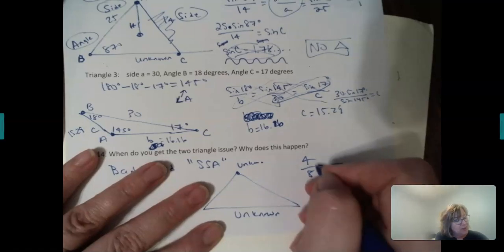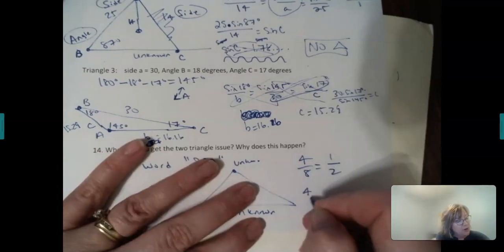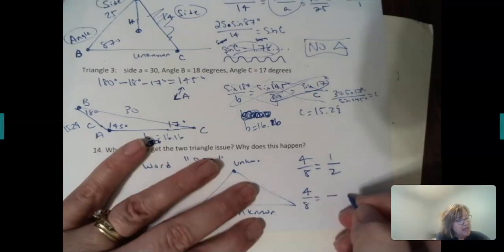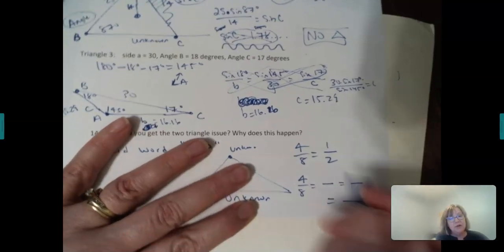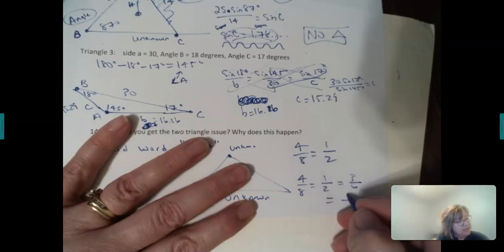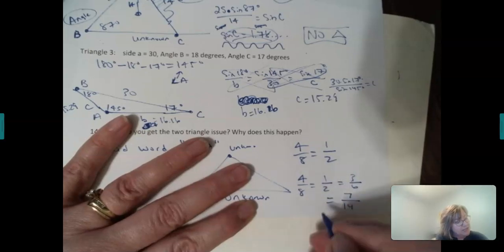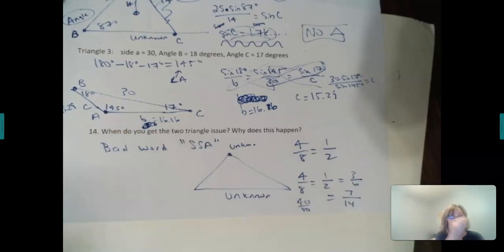So you're like, oh, divide by 4, that must be 1. But if I give you 4 eighths and I don't give you that, then you have infinite many answers, because this could be a half, this could be 3/6, it could be 7/14. I mean, it could be 40 over 80, because they both vary. There's lots of ratios that give you a half.